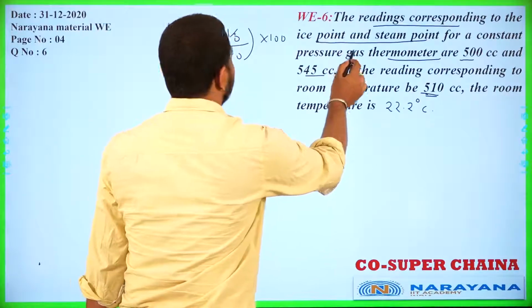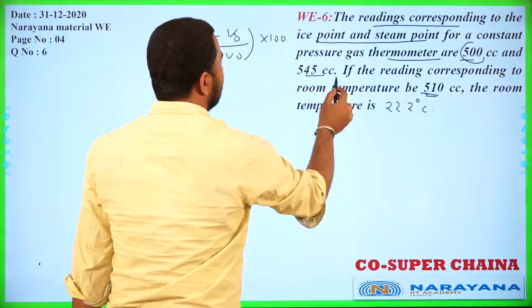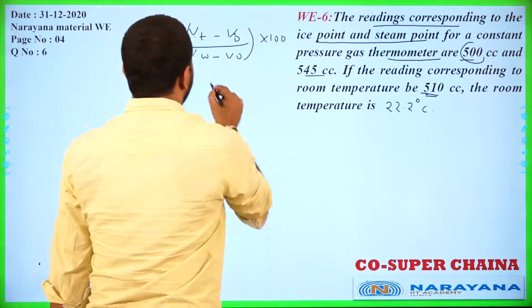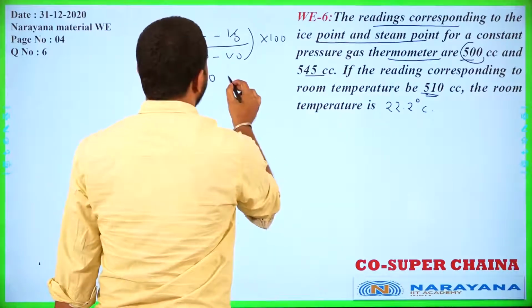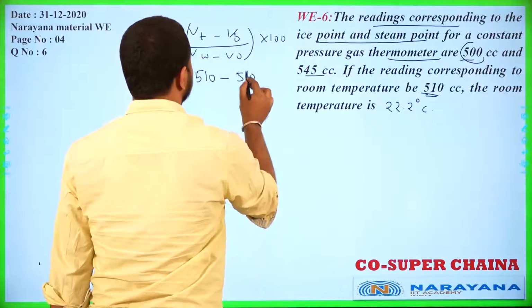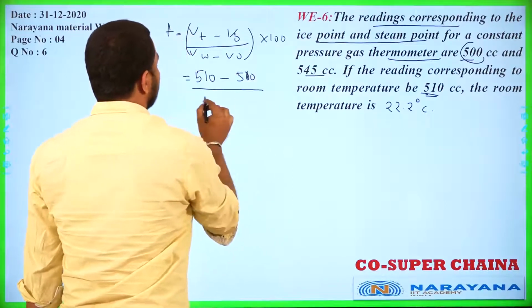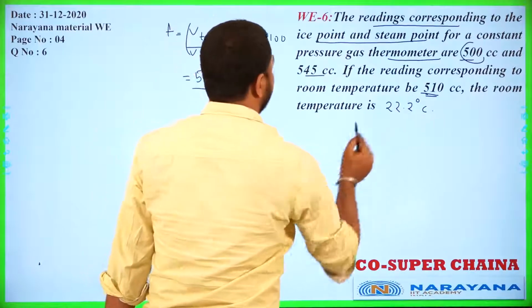The ice point reading is 500 and that of steam is this. So 510 minus 500 by this, the reading corresponding to this one.